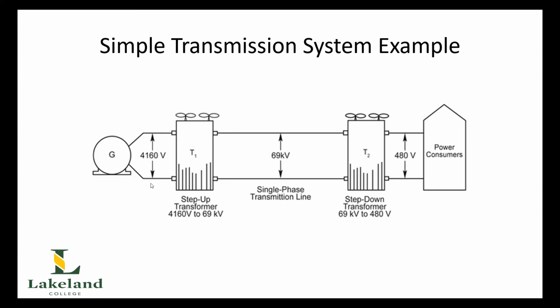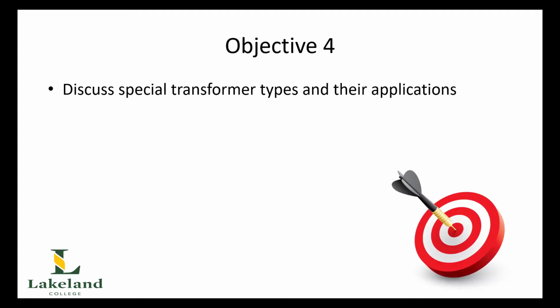To overcome long distances, we need extremely high voltage. But when we step the voltage up, we step the current down. And that's actually beneficial because when we step the current down, we minimize I²R losses, therefore making our transmission more efficient. Okay, so that's it for the end of Objective 3.